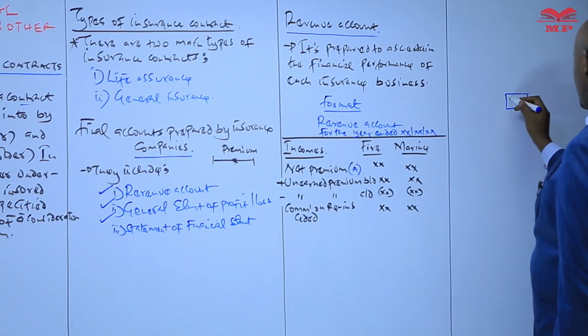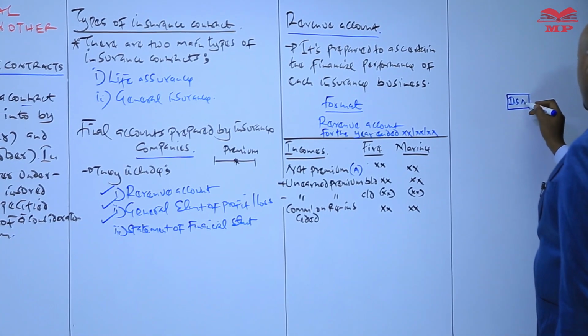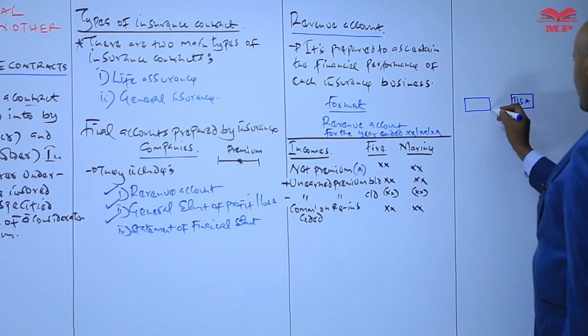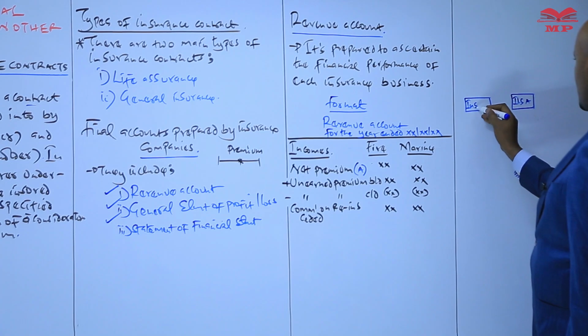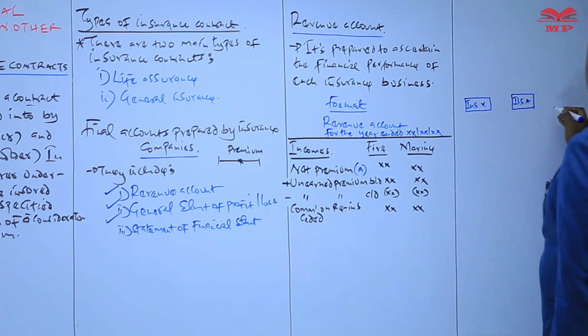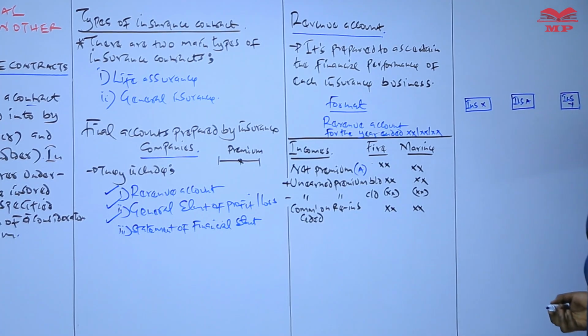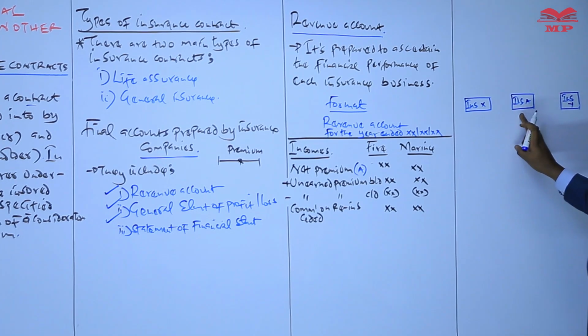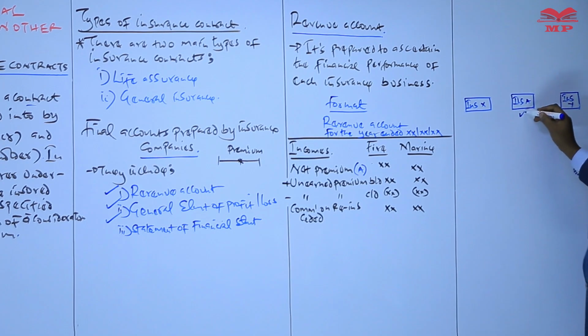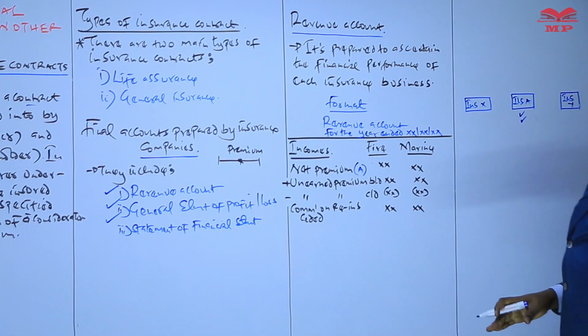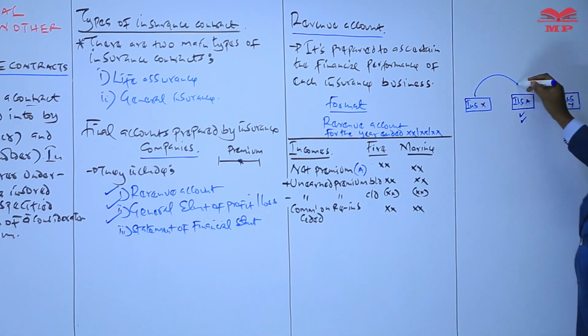This is our insurance company A. And also we assume we have another insurance company here, insurance company X. And then we also have another insurance company here, insurance company Y. So basically, this particular insurance company here, that is insurance company A, which we now assume is the one preparing the revenue account, may be given some insurance business.